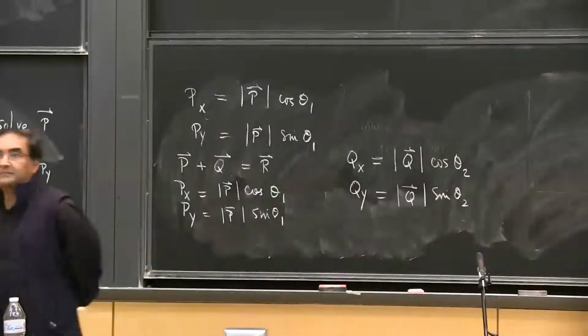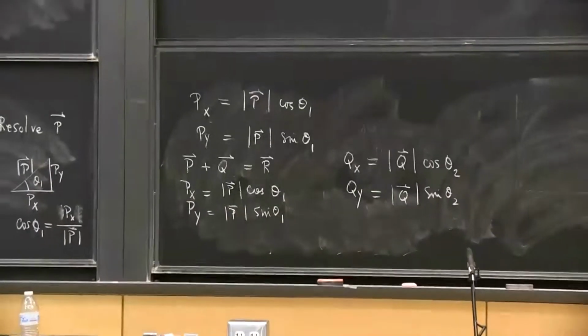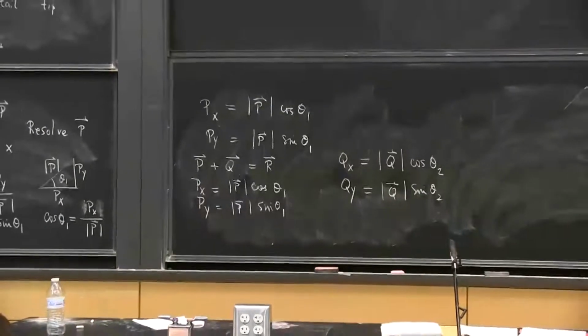Any objections so far? Anything that you don't understand? I'm just dealing with the right triangle.